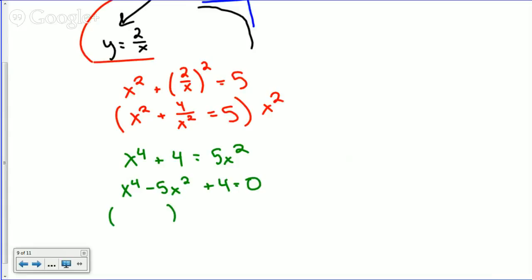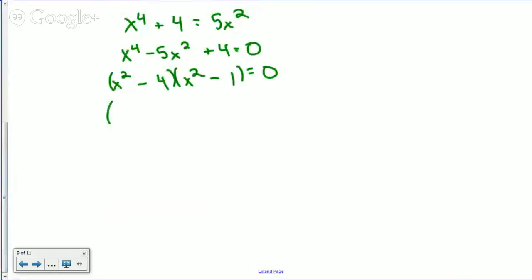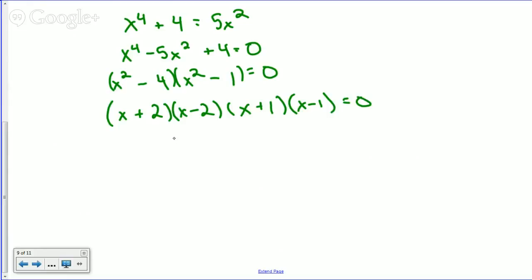We can factor that, but instead of putting x at the front, this time I'm going to put x squared. Factors of 4 that add to 5. It's 4 and 1. Signs are the same, they're both negative. And again, you should be able to recognize that those two are difference of squares. You got x plus 2, x minus 2 factored. And then you have x plus 1, x minus 1 equals 0. So that leaves me with x being negative 2, negative 1, 1, and 2.